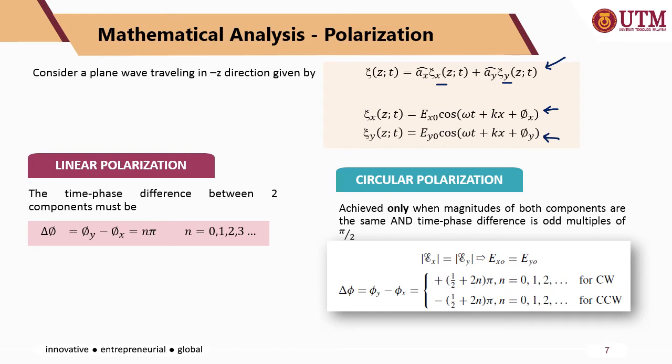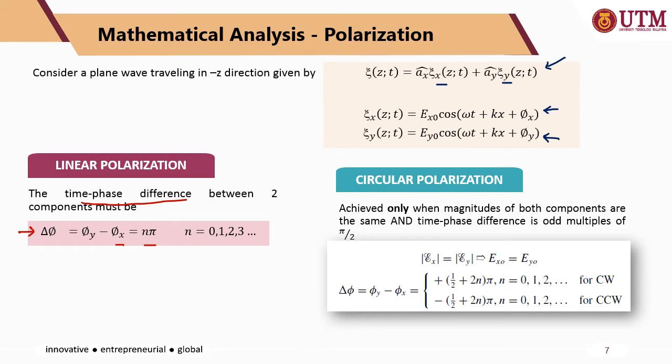For linear polarization, the time phase difference between the y and x components must fulfill this equation: Δφ = φy − φx = nπ. Meaning the two components must be in phase or out of phase, 0 or 180 degrees.